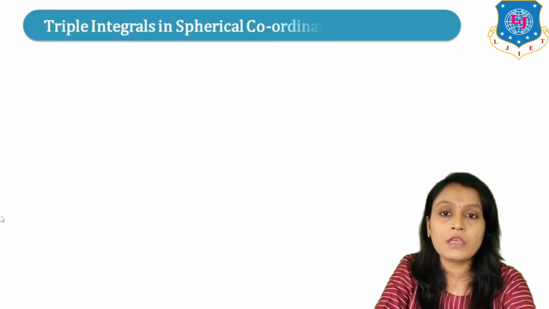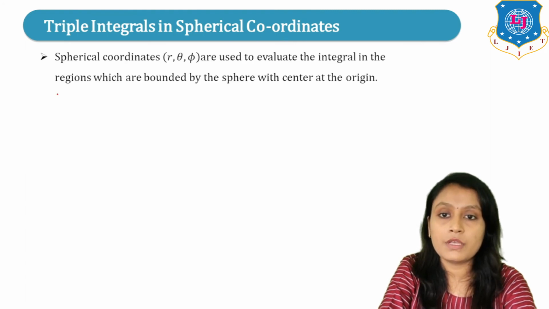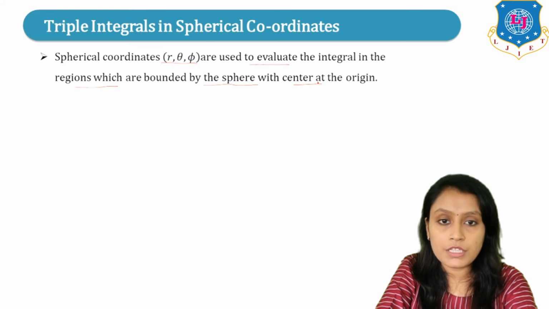Okay, now let's move to the next topic, that is triple integrals in spherical coordinates. So here spherical coordinates, that is r, theta and phi, these are used to evaluate the integrals in the region which are bounded by the sphere with the center at the origin.